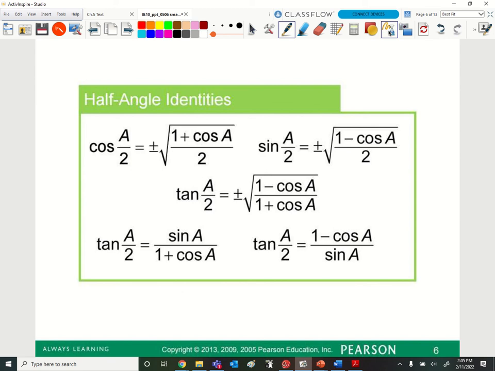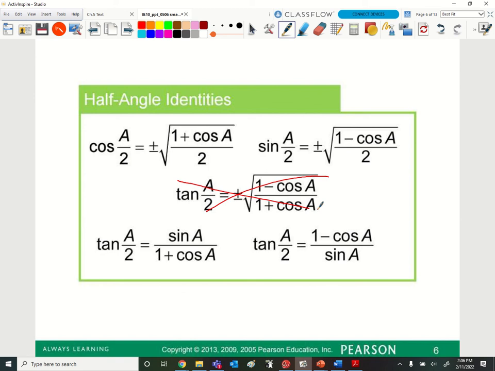Example 1. So what do I want to avoid? The square root. So this one right here, I want to try and avoid. But I'm not saying get rid of it. I'm just trying to avoid this, because that's not one I like. Sometimes you might have to do that, but try to avoid that one.